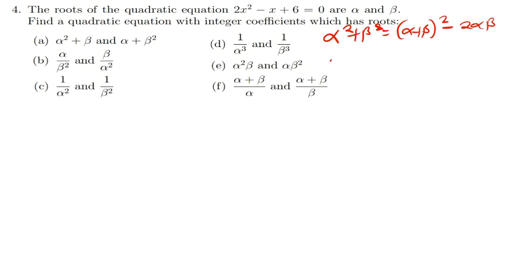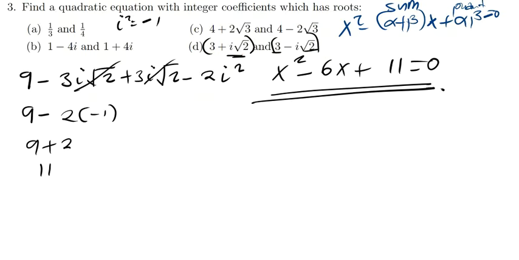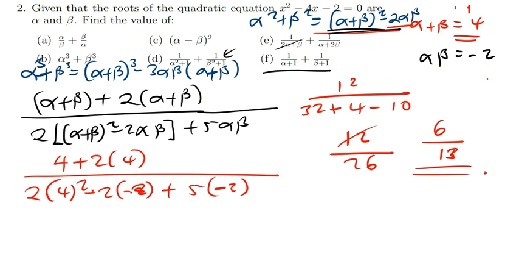Wherever we are going to find alpha to the power 3 plus beta to the power 3, we have to replace it with alpha plus beta raised to the power 3 minus 3 alpha beta, open brackets, alpha plus beta. These are the things that we said. Yeah, so we should take note of this.